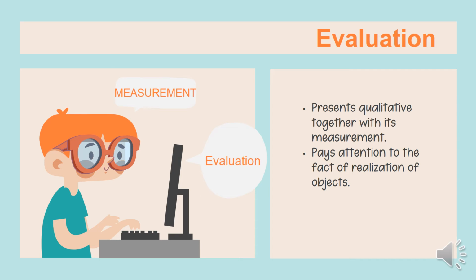Measurement tells us how much of an object, while evaluation tells us how good it is. Besides, evaluation pays attention to the fact of realization of objects, while measurement is meant only the number of specific objectives that have been realized. Again, measurement is incomplete without evaluation.